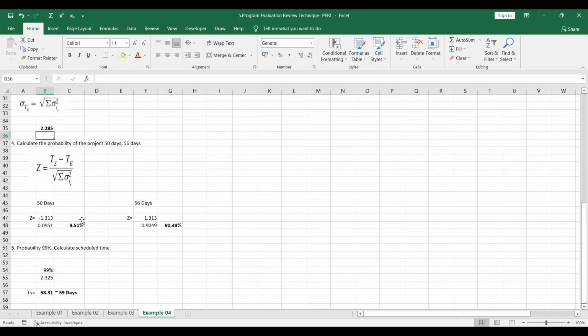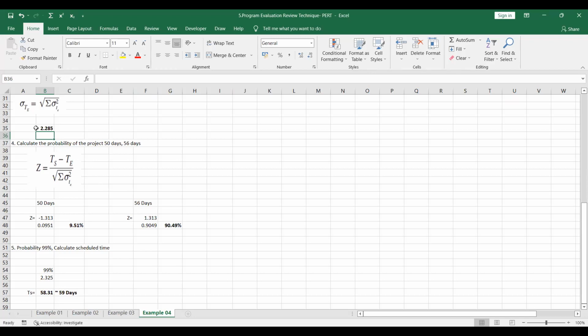If you are getting a question like this, first you have to identify the Z value, right? In identifying the Z value, you have to take the time schedule, deduct the time expected from that, and divide the whole thing by the standard deviation of the project.